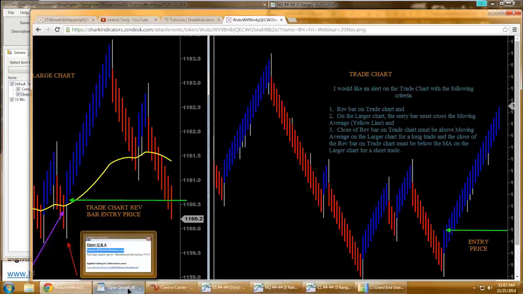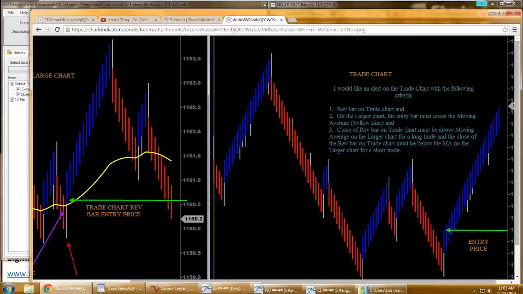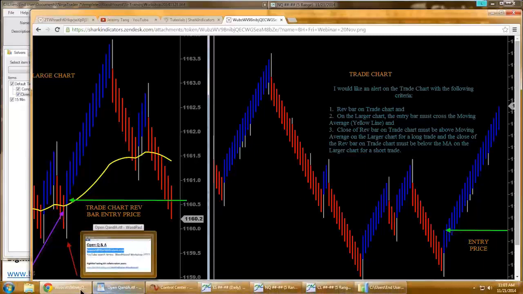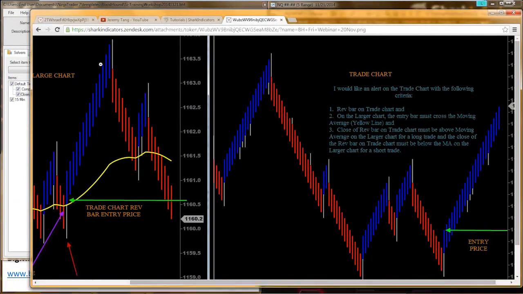So Marcy, one thing to help you out with this synchronizing issue of Renko bars and multiple time frames, I've done a couple of workshop videos explaining essentially how NinjaTrader operates across multiple time frames.